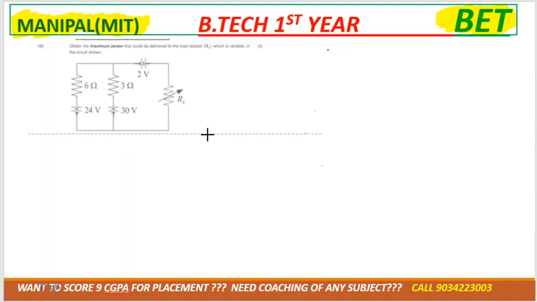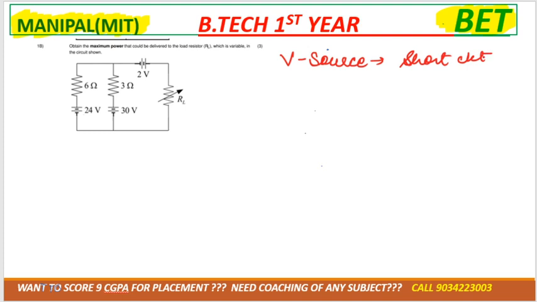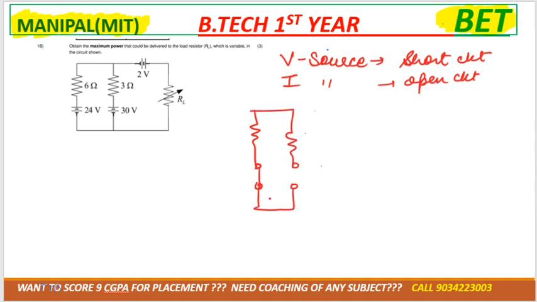Now after that, in the next step we need to calculate Rth, right? How can we get Rth? As you know, for calculation of Rth, voltage source must be short circuit, correct? And current source must be open circuit, correct? So resistance is there, voltage source must be short circuit; again resistance is there, voltage source must be short circuit; this one is also short circuit.